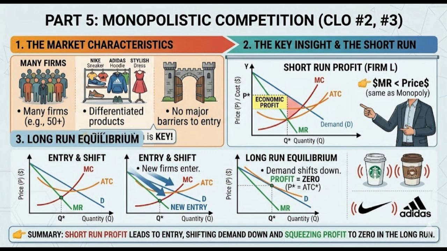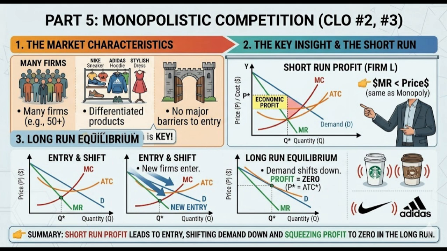Second, there are differentiated products. And third, no major barriers to entry. Okay. So the key insights include that each firm has some pricing power, and each firm faces downward sloping demand.